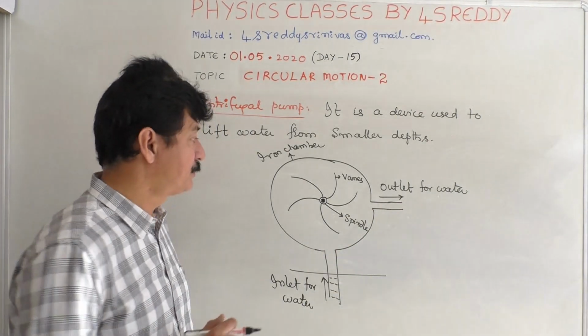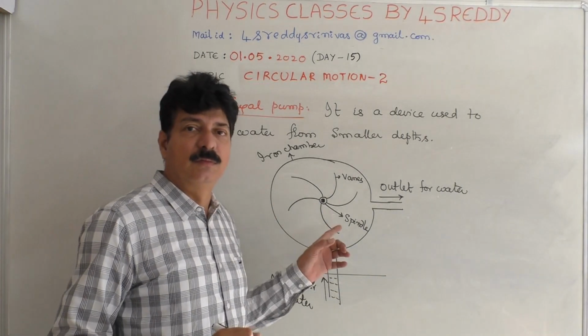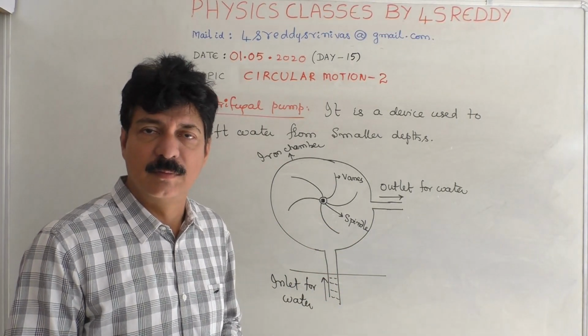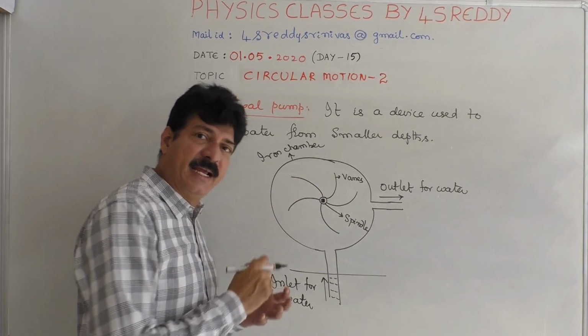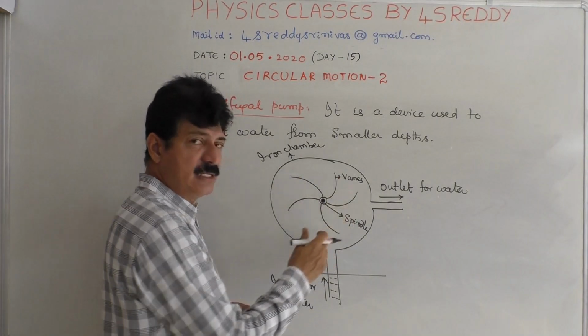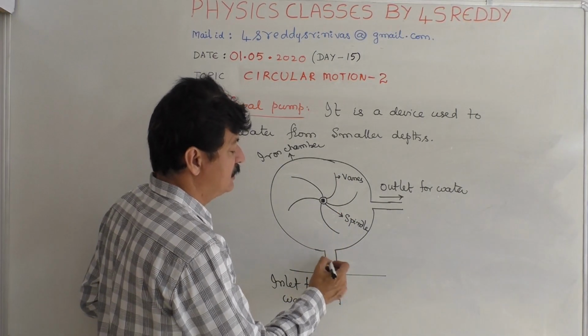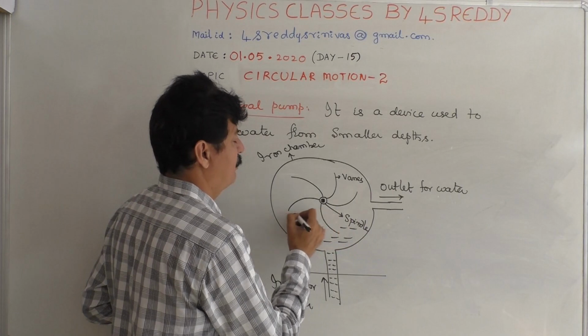Now, whenever this spindle is made to rotate by an external motor, the air is taken out, so that a low pressure is created here. But the water is at high pressure, so the water rises into the chamber.